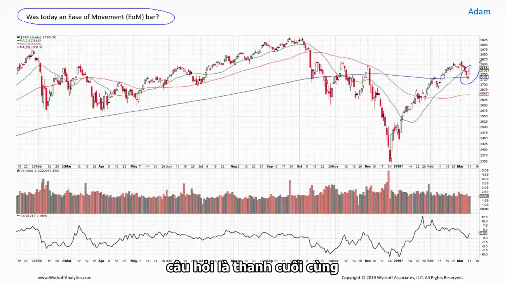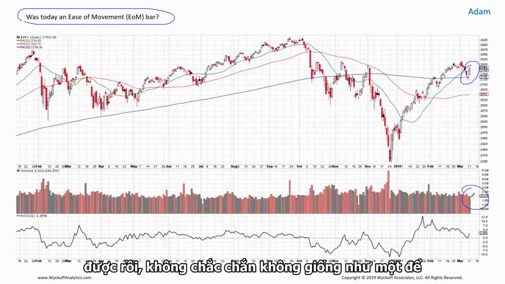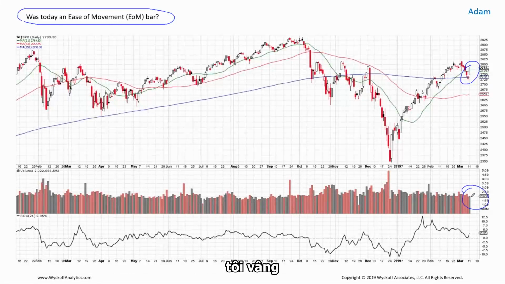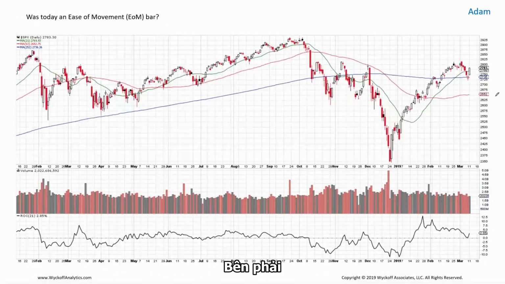The question is, is the last bar an ease of movement bar? Okay, not sure, does not look like one to me. Yes, no, yes. Okay, so we're kind of divided 50-50, right?